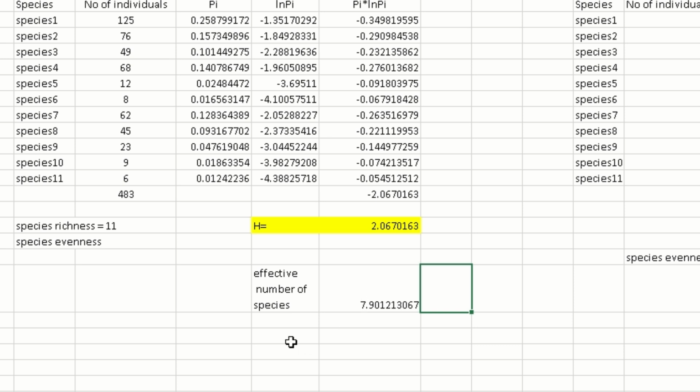It is the number of equally abundant species that would produce the same Shannon-Wiener index.